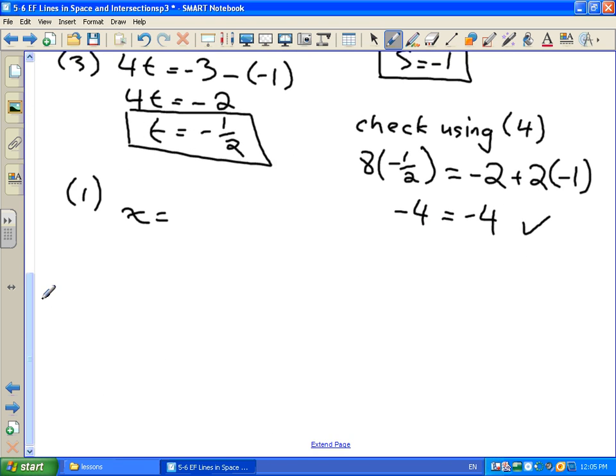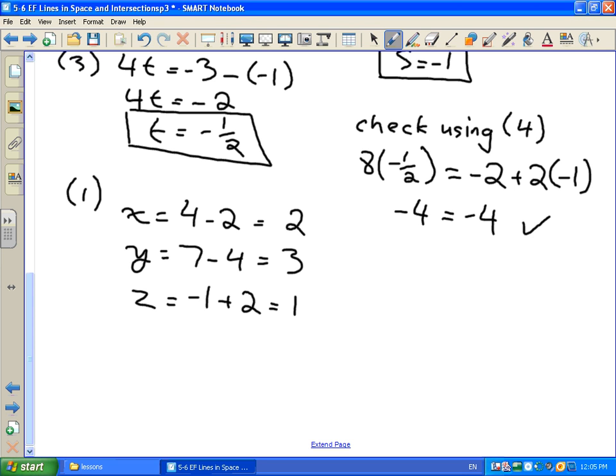If I sub my value of t into equation 1 for x, I get 4 minus 2, which is 2. For y, I end up with 7 minus 4 is 3. And for z, I end up with -1 plus 2 equals 1. And I'm done. That tells me that (2, 3, 1) is my point of intersection.